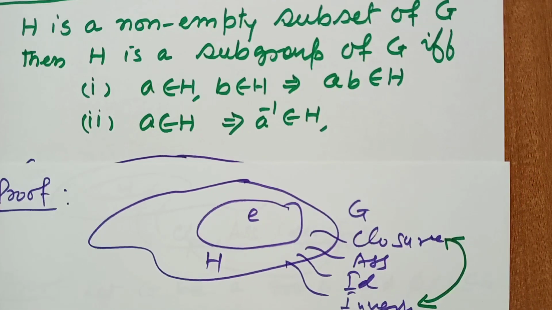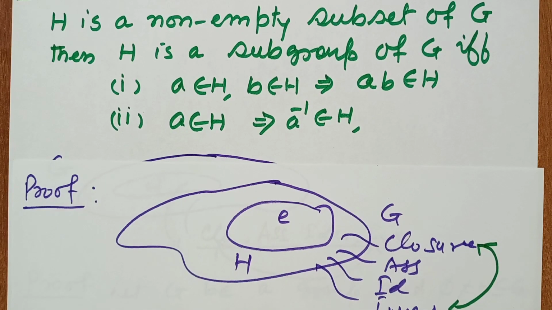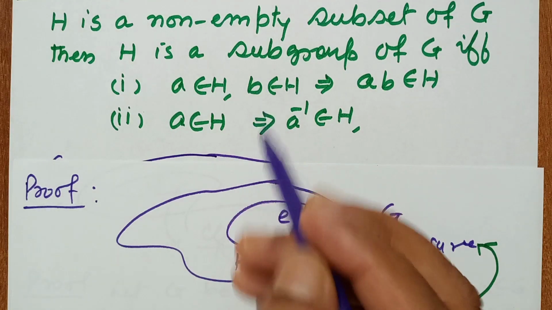There are two parts. The first part is that if H is a subgroup of G, then the two conditions are satisfied. The converse part: if H is a non-empty subset of G and satisfies two conditions, then we have to show H is a subgroup. So first part, suppose H is a subgroup, then we need to show these conditions are satisfied.